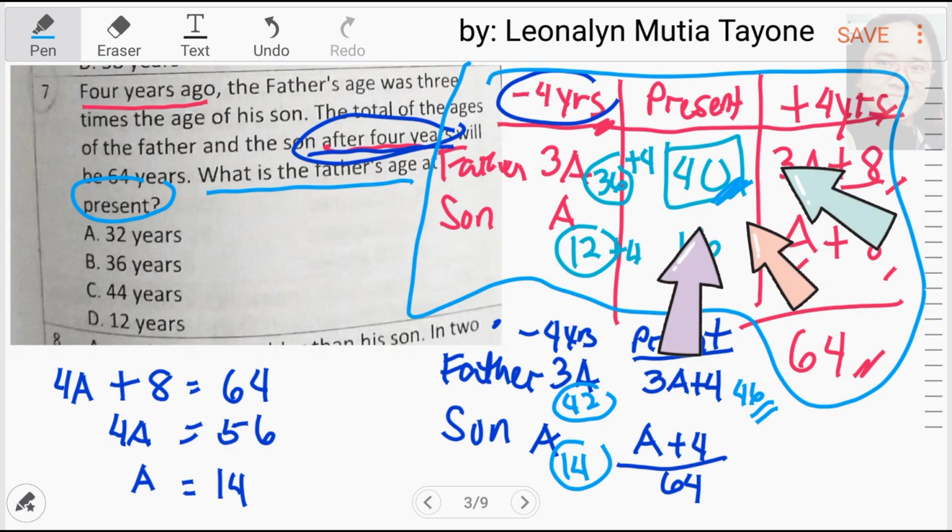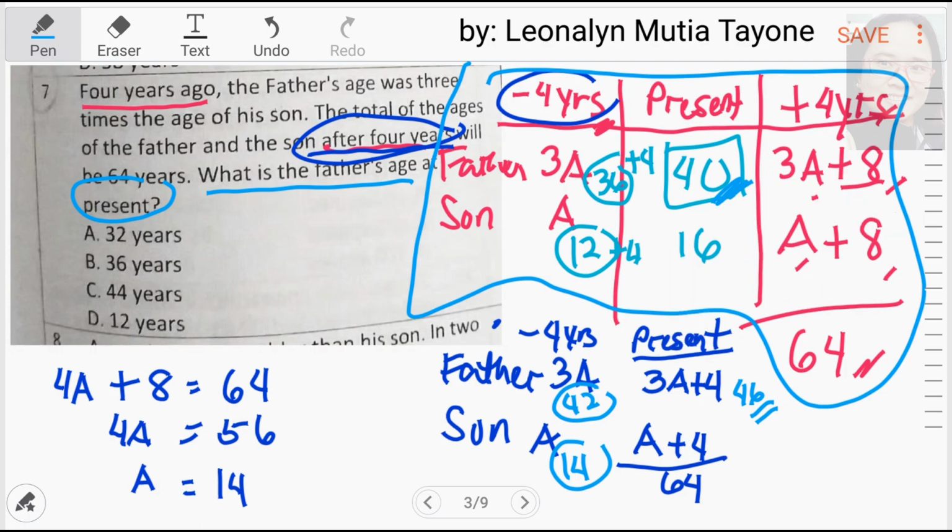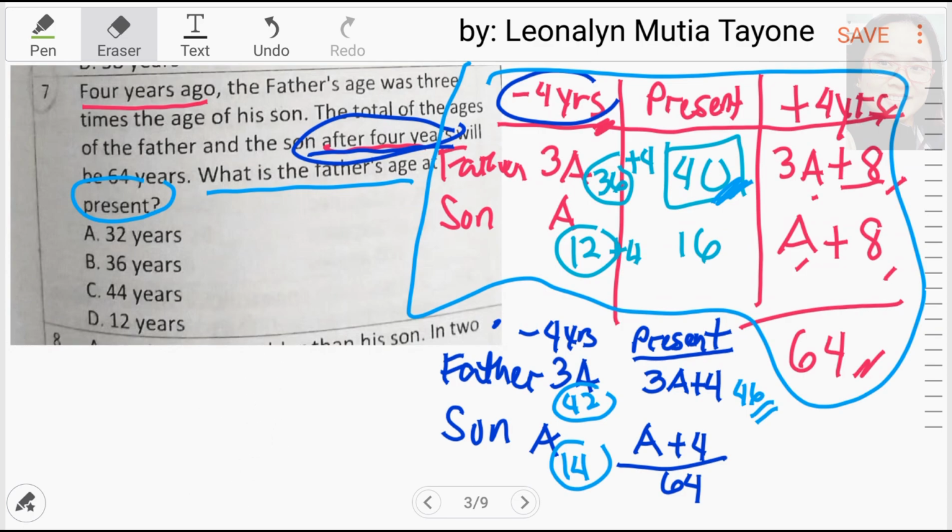At ang sagot ay 40 years. Wala sa choices. Now, you can comment below kung paano nyo isolve in such a way na nasa choices yung sagot. Before tayo mag-proceed sa next question, mag-kanto style tayo ng pag-compute nito.